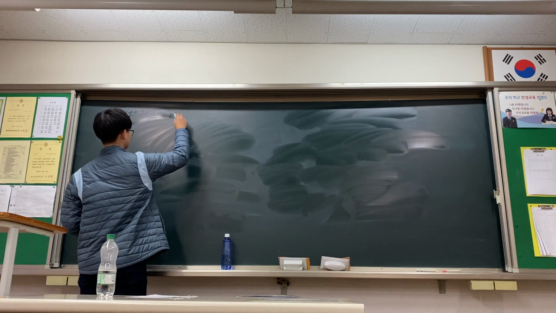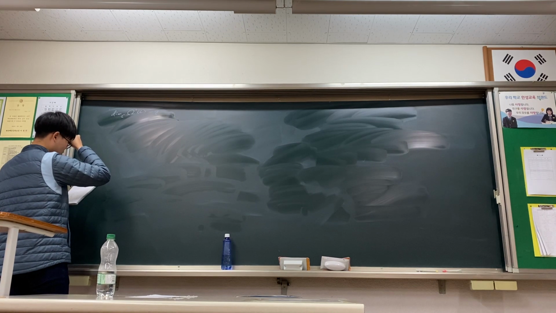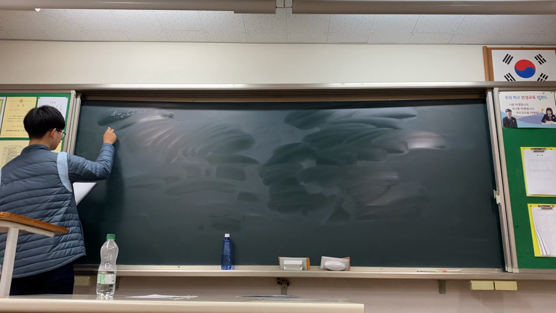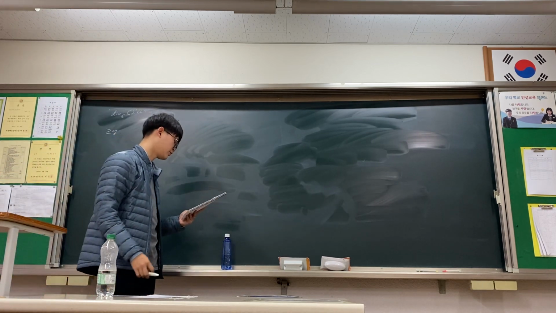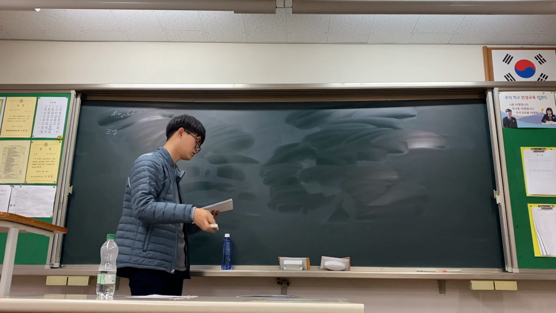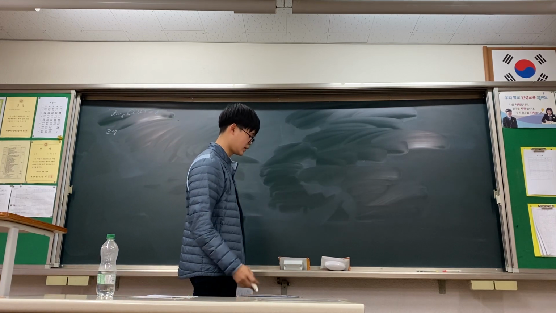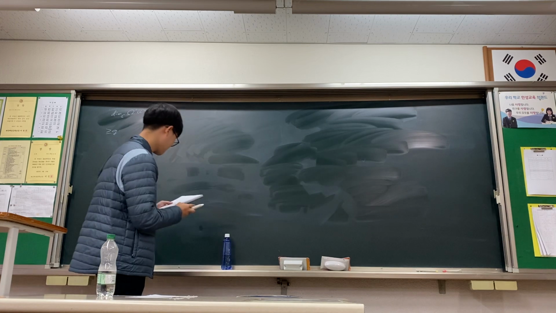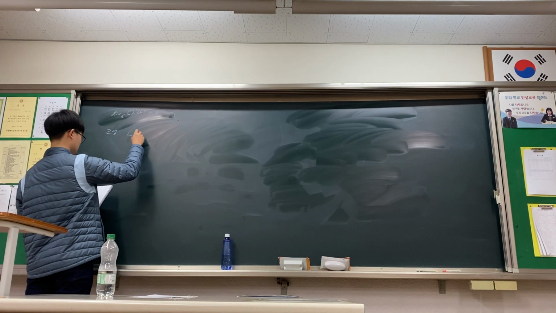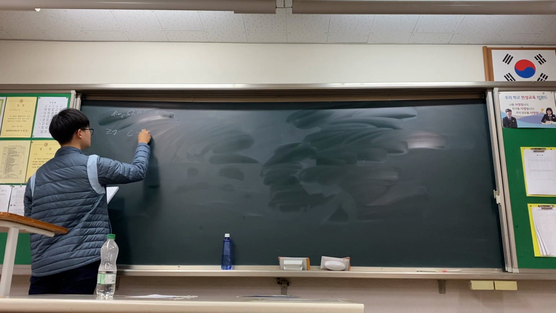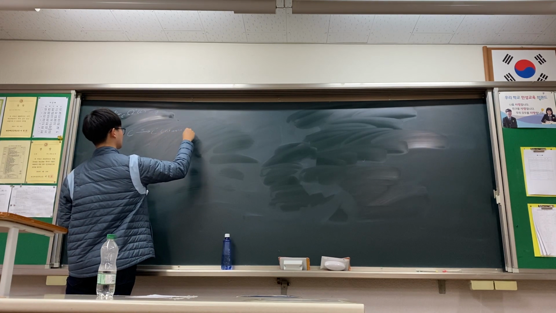For one side, showing the dimension is greater than g, we use the fact that every surface is a normalization of a curve with at most ordinary double points. So let's say C is the surface we're talking about, and this is a normalization, and this has at most double points.